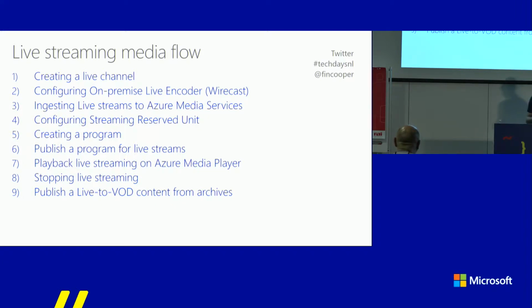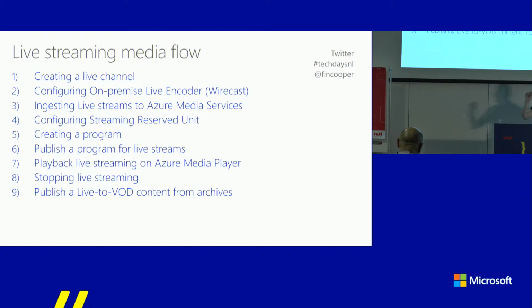We have to have something called an Azure Media Services streaming reserved unit. So we have encoding units. These are just compute waiting for us, and they are doing the dynamic packaging, the encoding and format conversion. And then we have the streaming units. One streaming unit guarantees us 200 megabytes per second of throughput, basically.